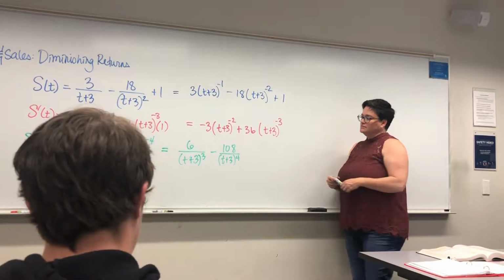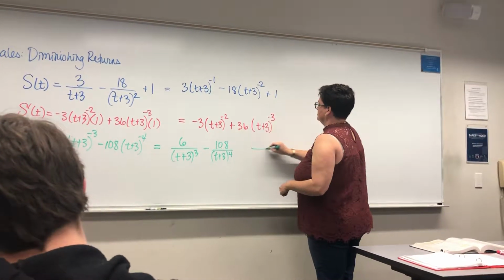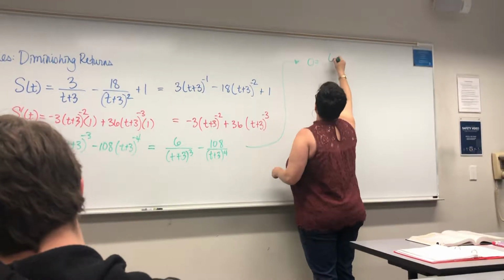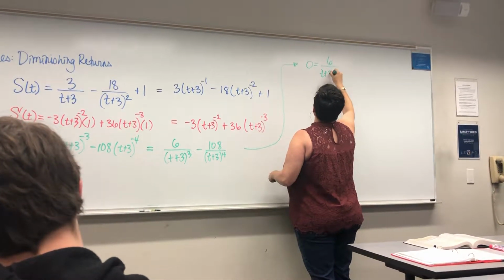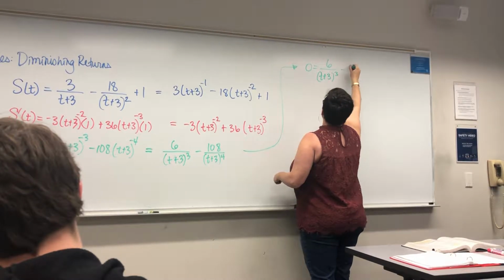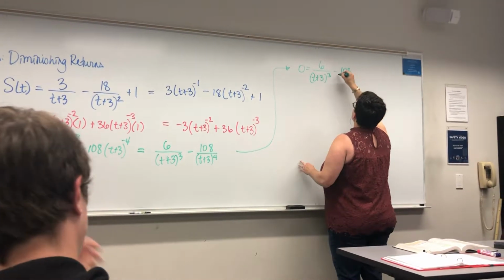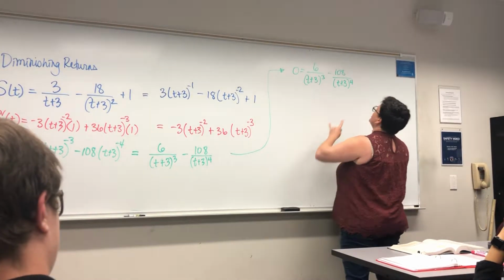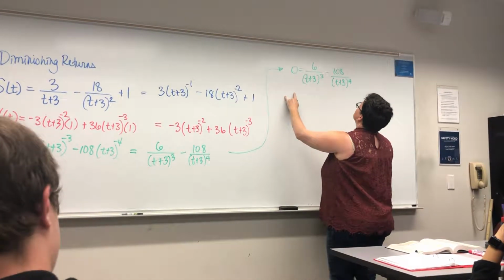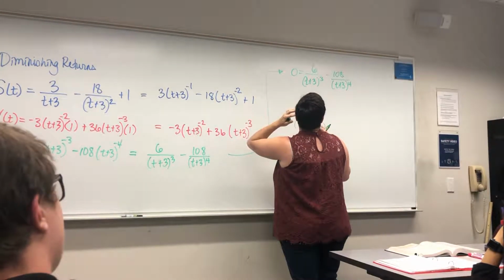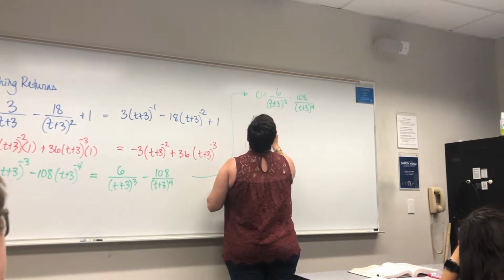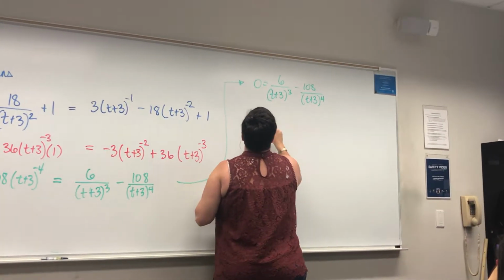Okay. I'm going to set it equal to 0: 6 over t plus 3 cubed minus 108 over t plus 3 to the 4th. I'm gonna bring this 108 over, so I'm just gonna add 108 over t plus 3 to the 4th to both sides. So I'm gonna end up with something that looks like this.